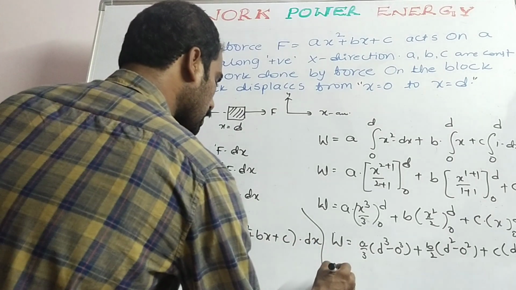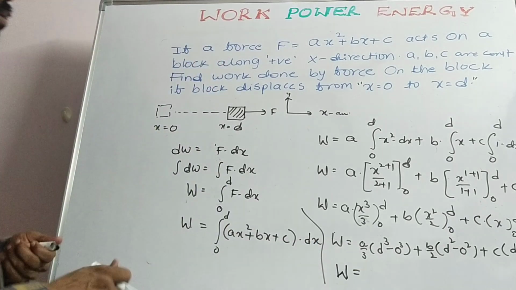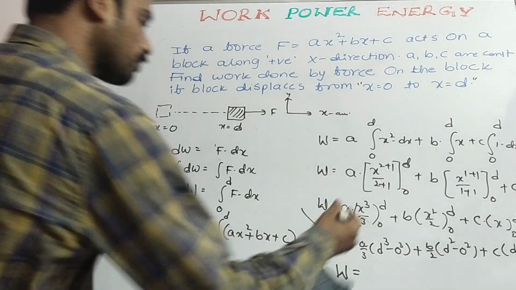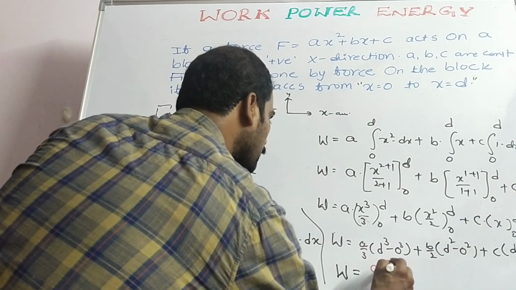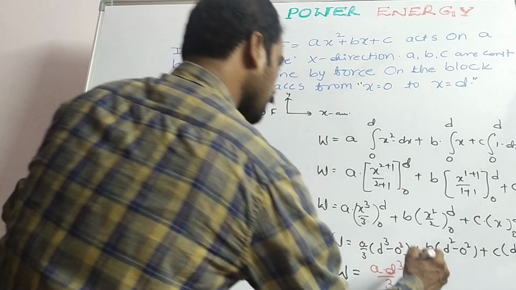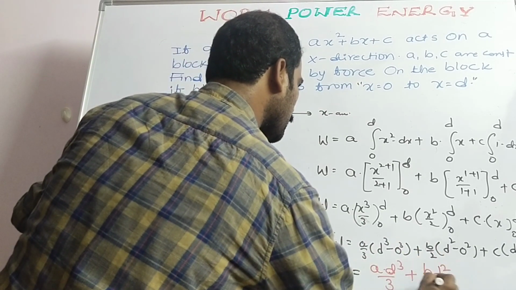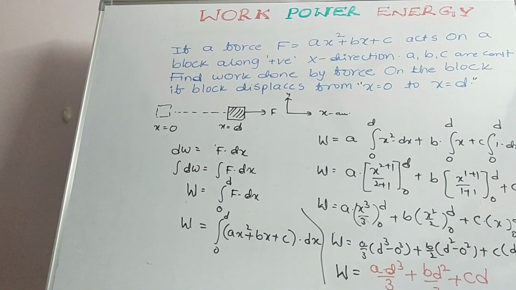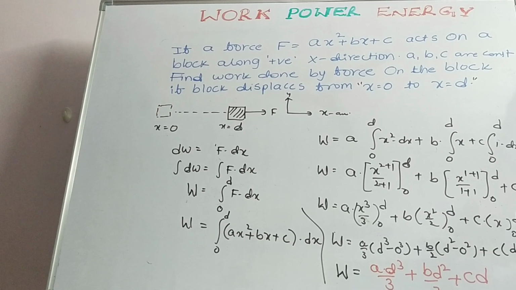Now final answer will be W is equal to a d cube by 3 plus b d square by 2 plus c d will be the answer.